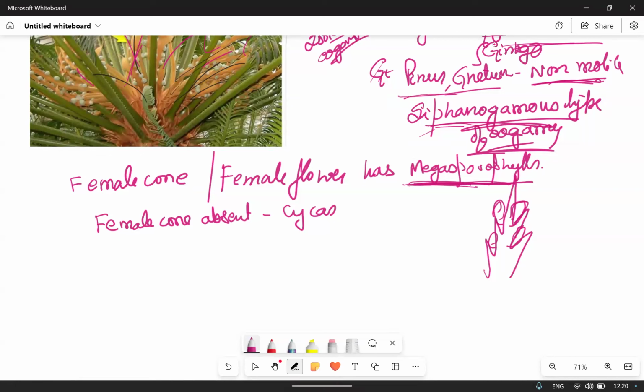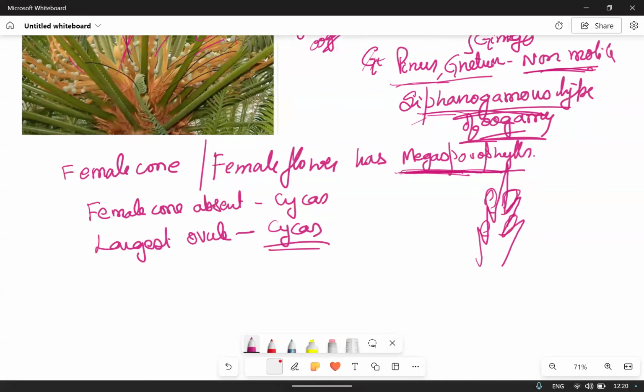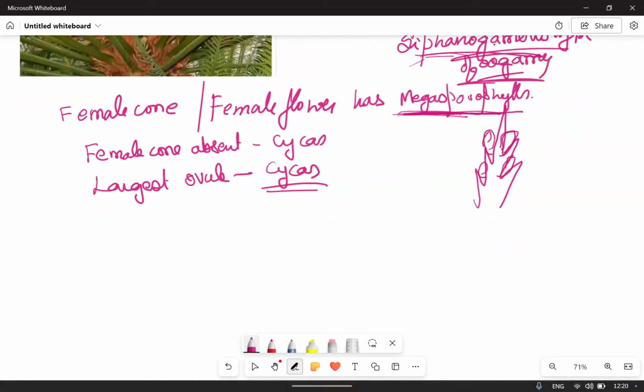So, what about the type of ovule in the case of cycas? Here, the largest ovule we can see, in cycas. In cycas you can see the orthotropous type of ovule, and in pinus, the anatropous ovule.